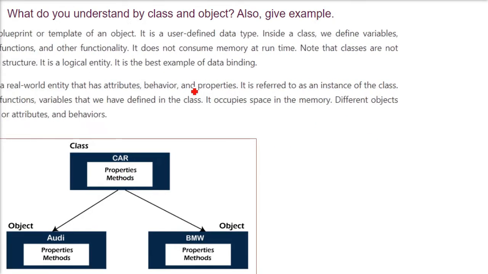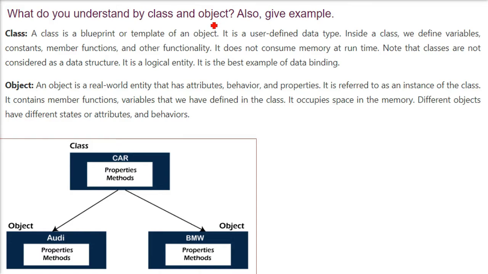Object-oriented programming has come from object. So everything is an object in object-oriented programming. But object comes from class. First you make a class and then the instance of the class is the object. So class is nothing but a blueprint, a framework, or a template for an object.